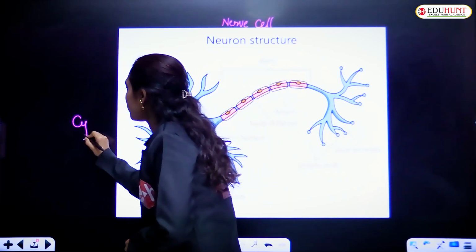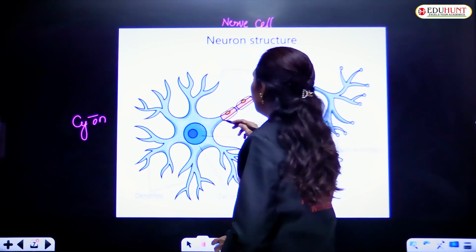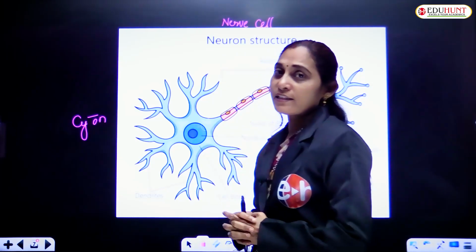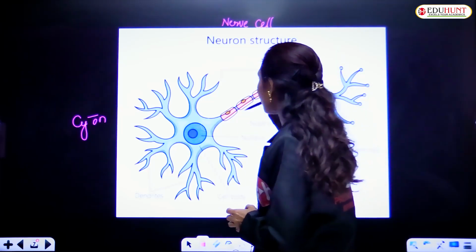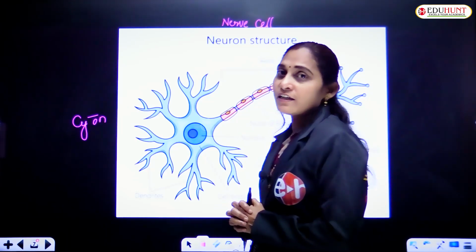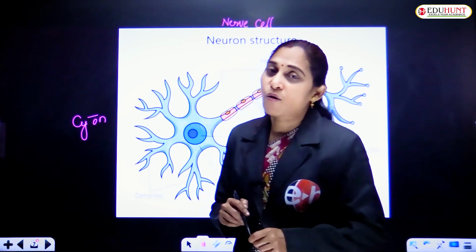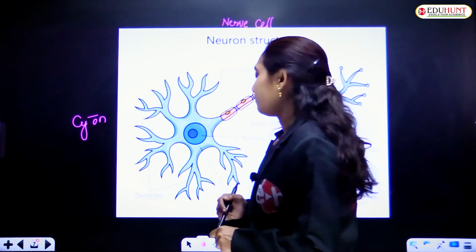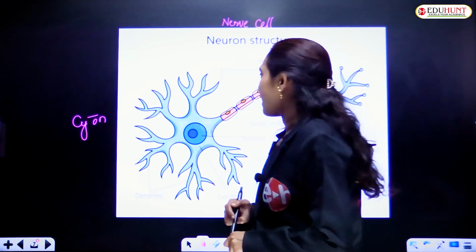Cyton, also called the cell body, and the extension of the cell body, the fibrous part, is called the axon. There are two parts in the neuron: the cyton, which is the cell body, and the axon, which is a tail-like extension of the cyton.